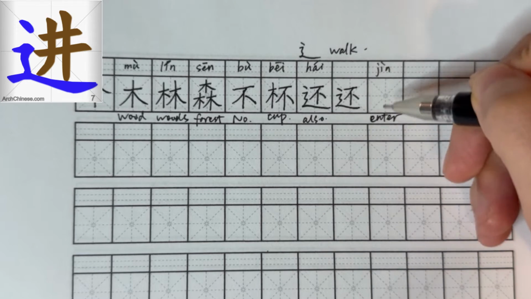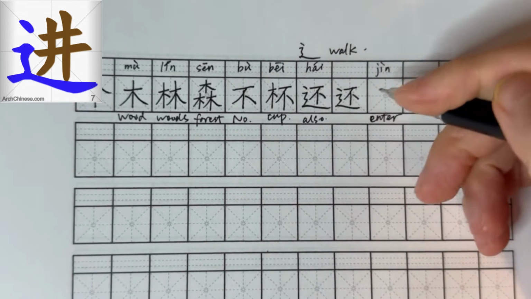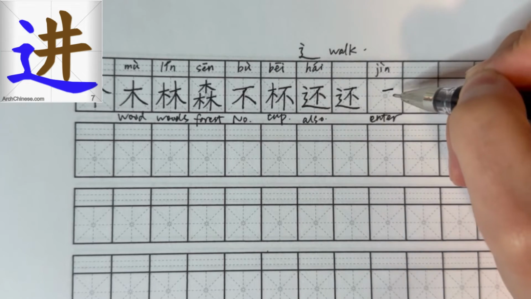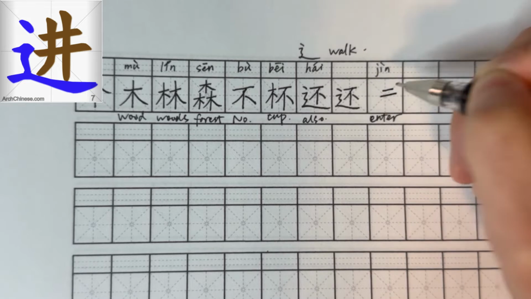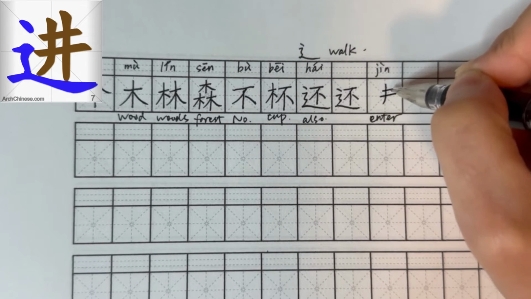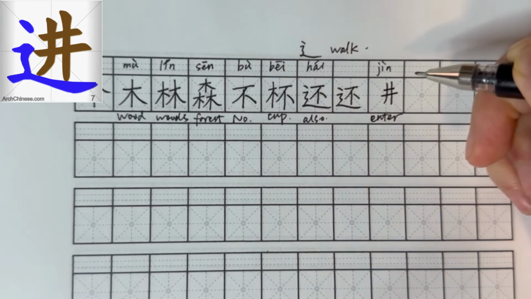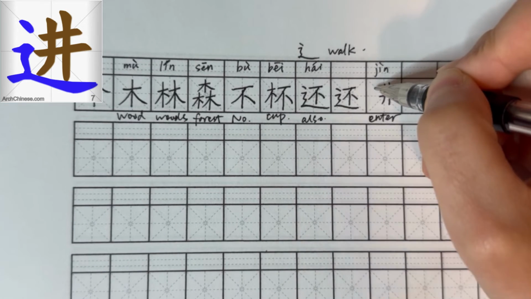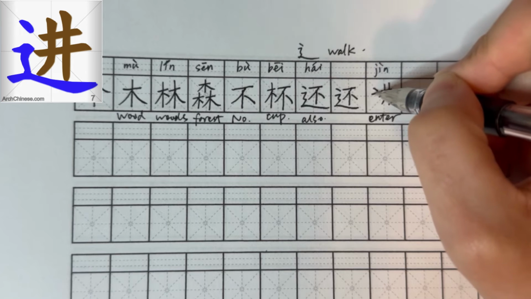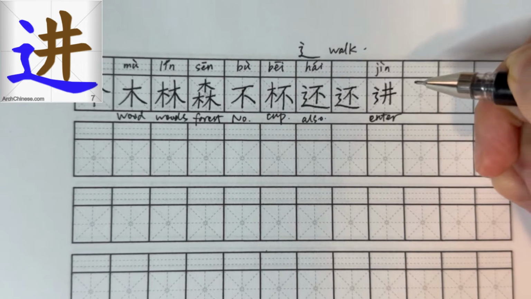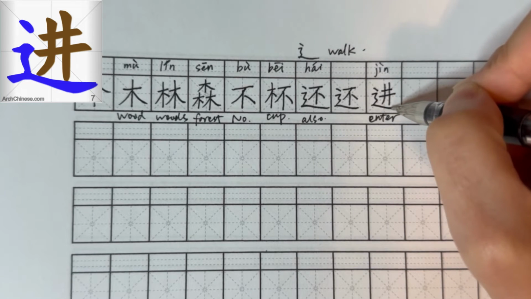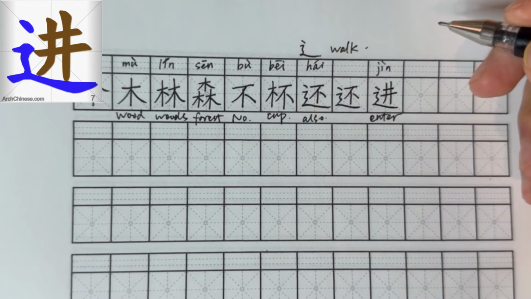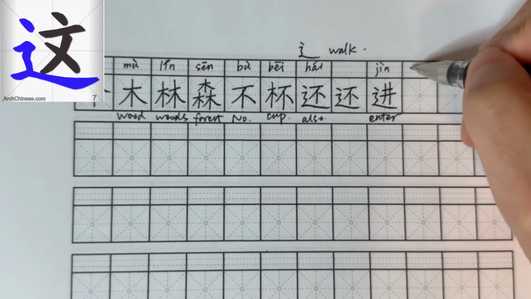Since the 撇 and 竖 are beyond, from here, 横, shorter one, and a longer one, 横, 撇, 竖. Perfect. And then we write this radical. 点横折折撇捺. Perfect.